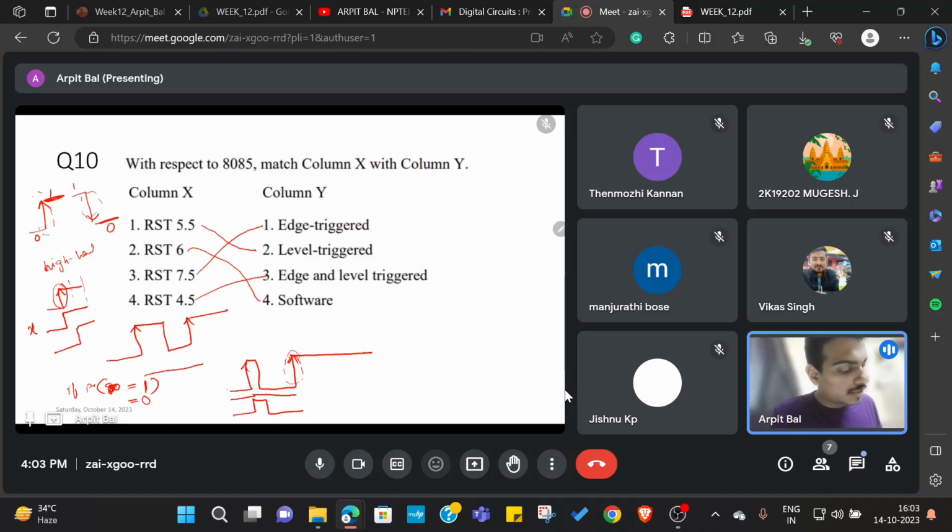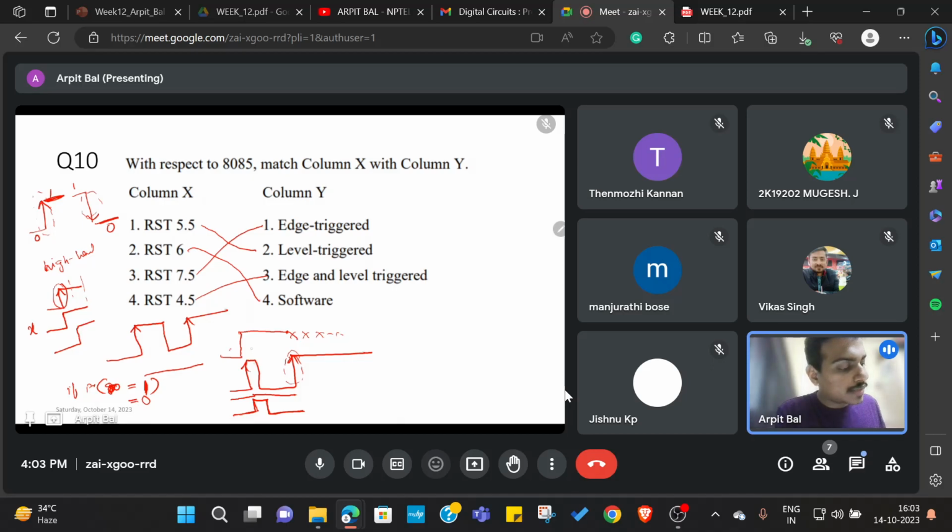Okay, let us not bring negative edge. If a positive edge has arrived once, then you stay high like this. It means if a positive edge arrived here, it will stay high till the next positive edge arrives. The next positive edge can be any value, so it will change according to that.